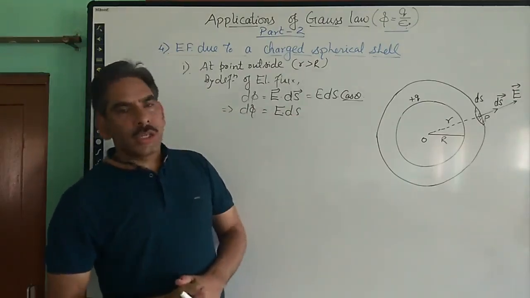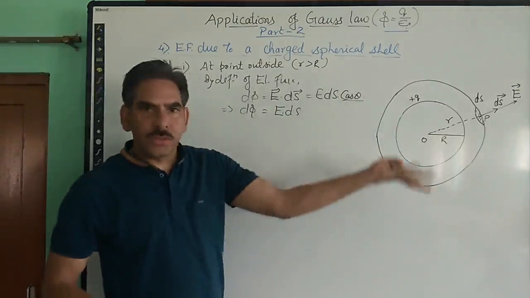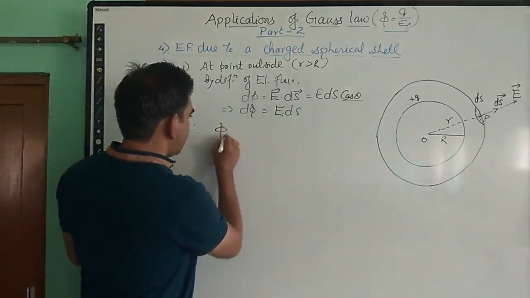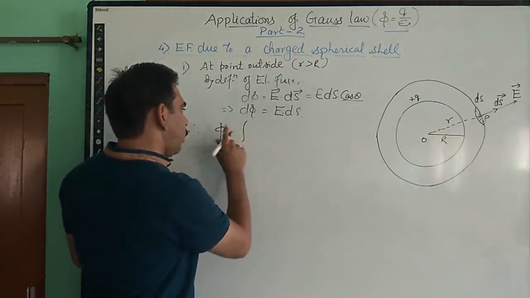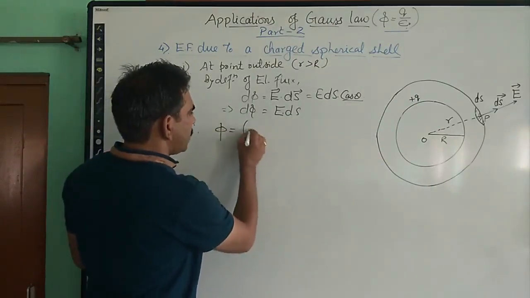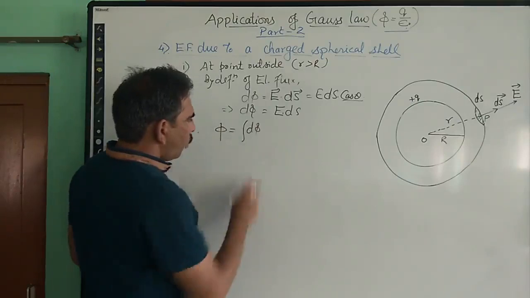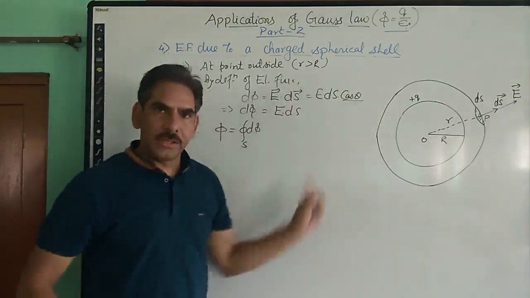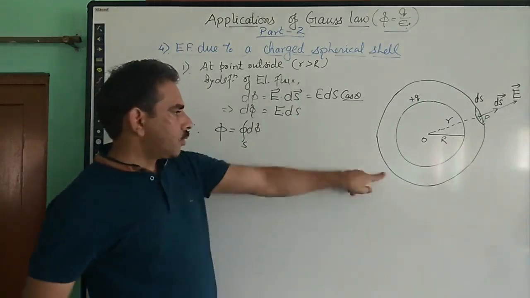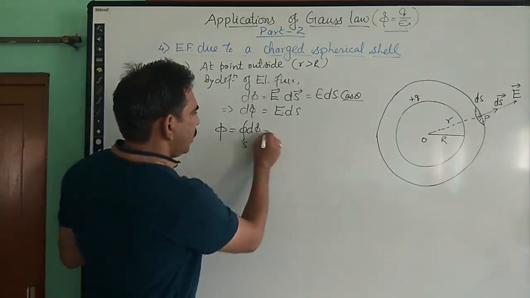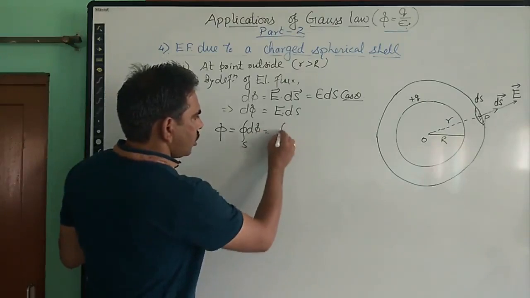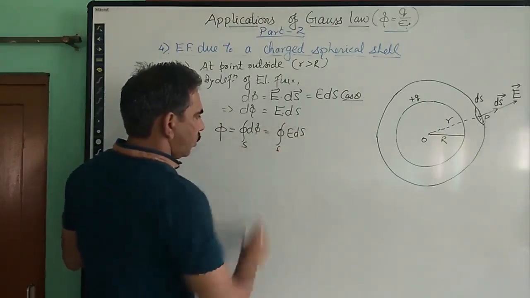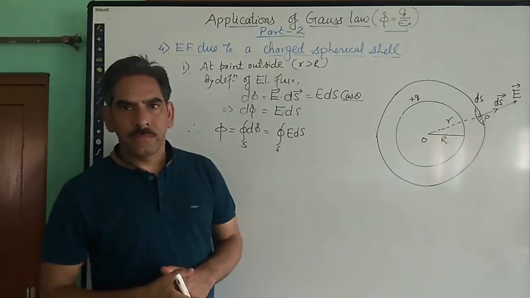Then what is the total electric flux through the whole Gaussian spherical surface? Therefore the total flux will be given by integrating all such electric flux over the closed surface S of the Gaussian surface. So this is equal to the closed integral of E dS over the whole Gaussian surface.